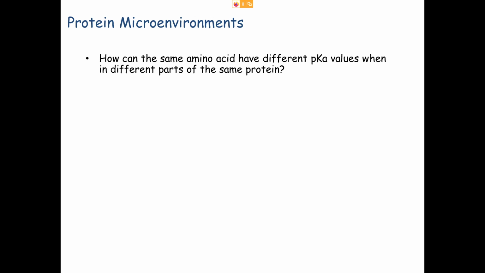So from an outside observer, is it more difficult to remove the proton from the histidine or easier? More difficult. What does that mean about its pKa? It's going to be higher than 6. It's more difficult. I'm going to have to add more base to get that proton removed, because the surrounding amino acids are more likely to put it back on, right?